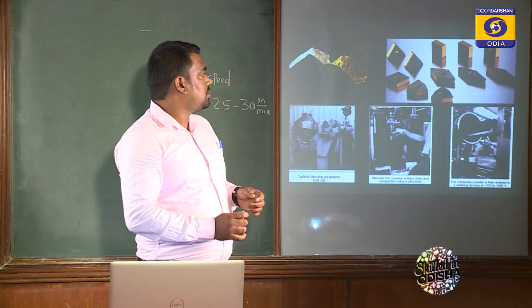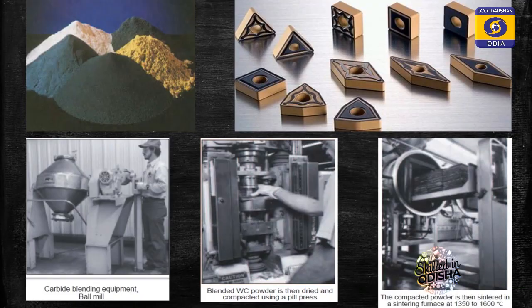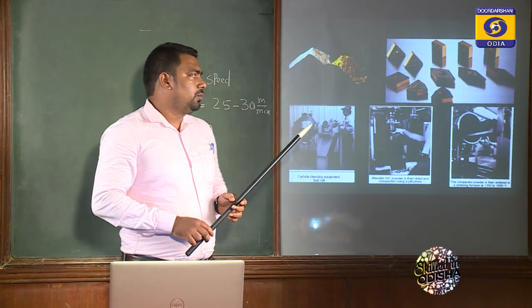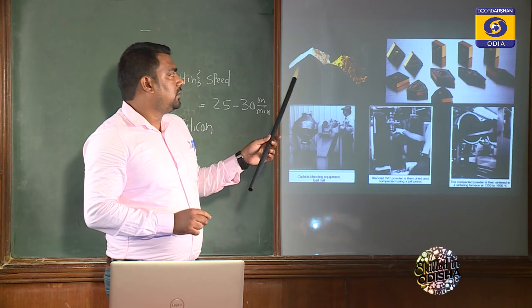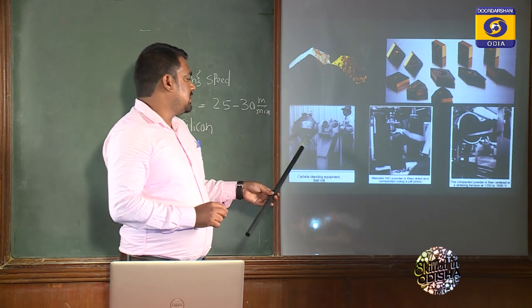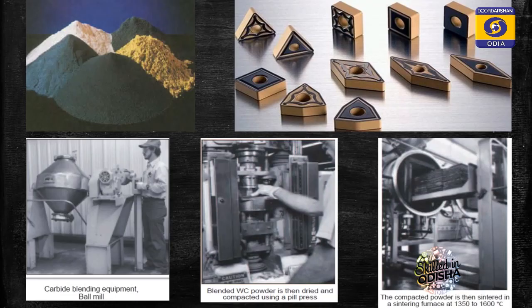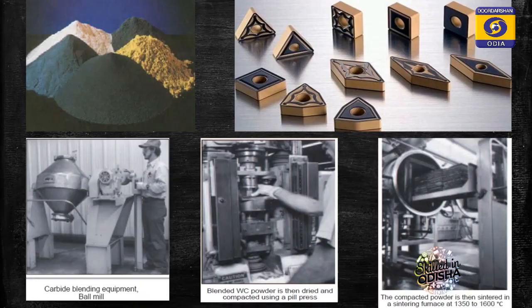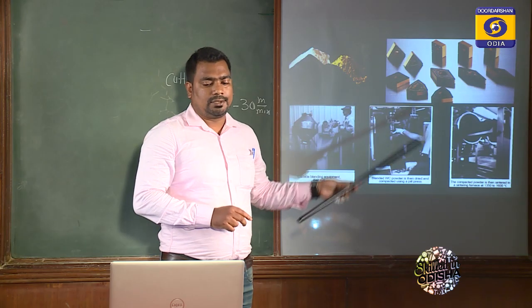This figure shows the powder of the cutting tool material. This is the blending process, this is the compacting process and this is the sintering process, following which we are getting this type of cutting tool inserts.